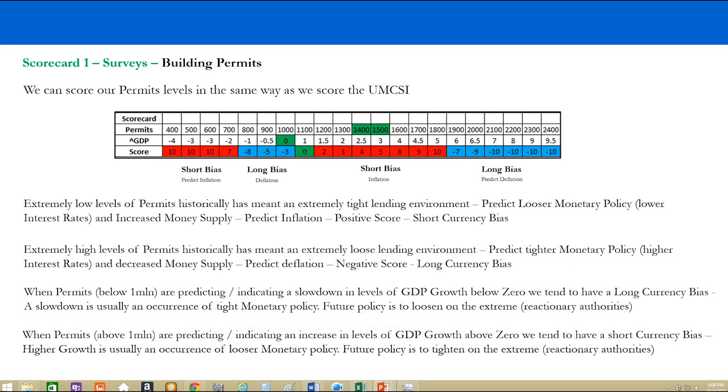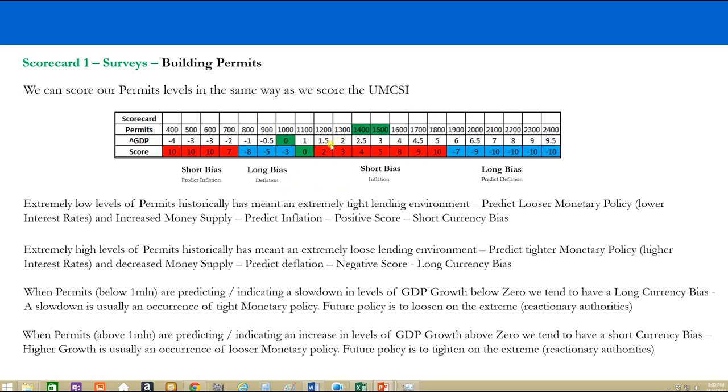And the slowdown, historically, slowdowns are usually an occurrence of tight monetary policy. And if it gets too extreme, the future policy is to loosen on the extreme, as we've already looked at. Now, when permits are above 1 million, we're predicting or indicating an increase in levels of future GDP growth above 0.